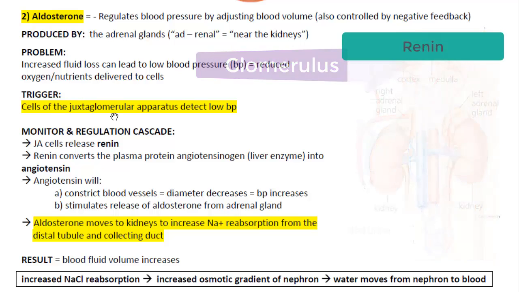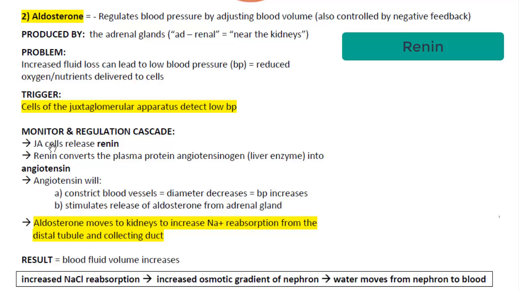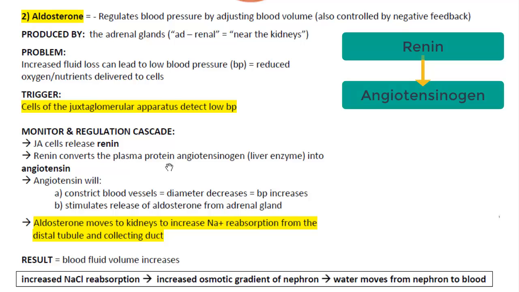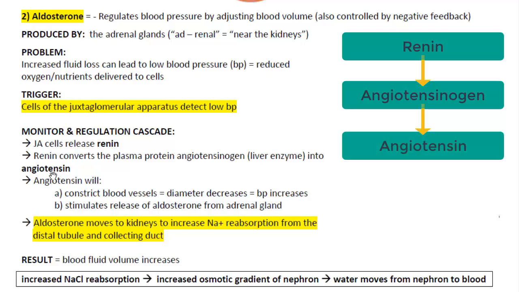And when they do that, these cells, the JG cells, release a compound called renin. Renin then converts the plasma protein angiotensinogen. Anytime you see the ending -ogen, it means it hasn't been turned on yet. So it's going to convert this plasma protein called angiotensinogen, which comes from the liver, into its turned on form, which is angiotensin.